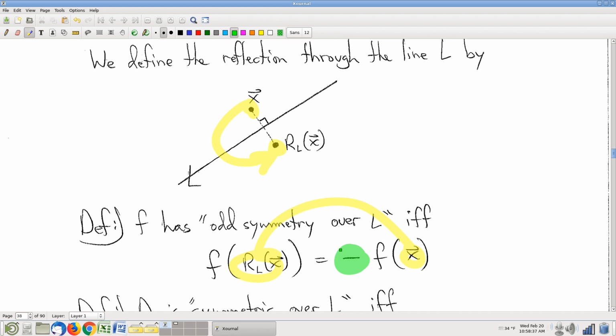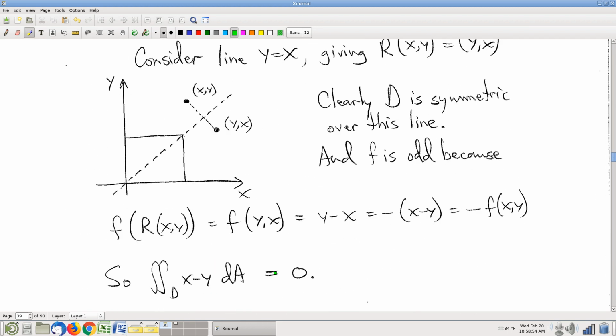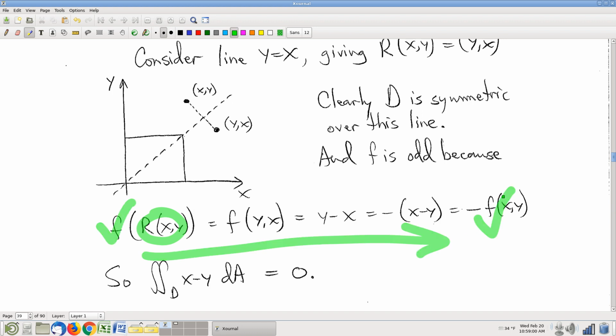So the way you confirm that this equation is true is you write this down and you compute. And you better make sure that you get what you're supposed to get. You've got to plug the formula for the reflection into f, compute appropriately, and make sure you get what you need to get.